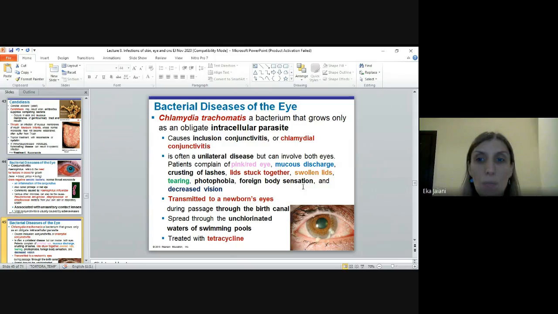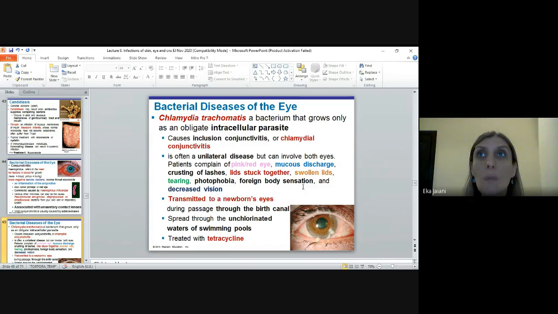As mentioned on the previous slide, there's a pink or red eye, a discharge, so exudate from the eye, swelling, and crusting of lashes because this exudate dries out. There can also be photophobia, fear of light. Light can irritate this patient.